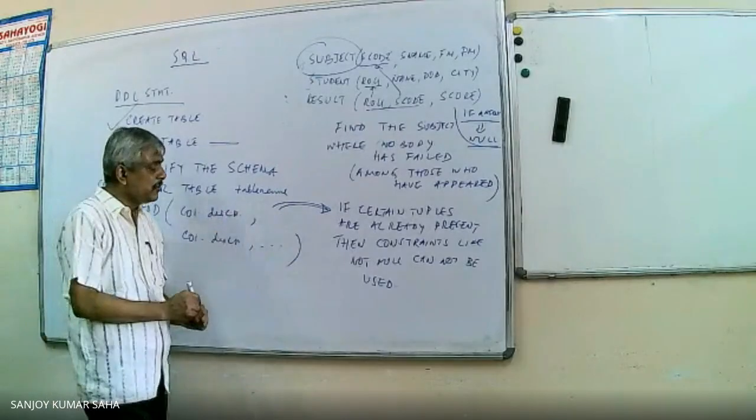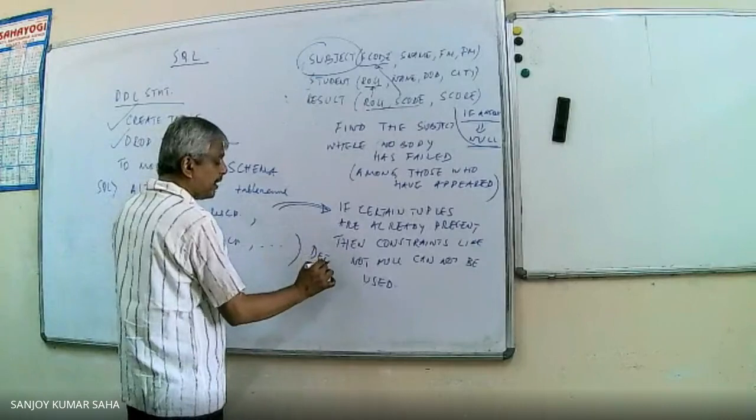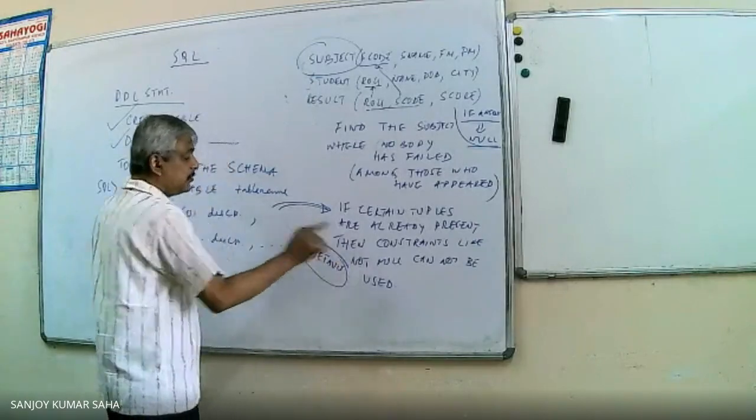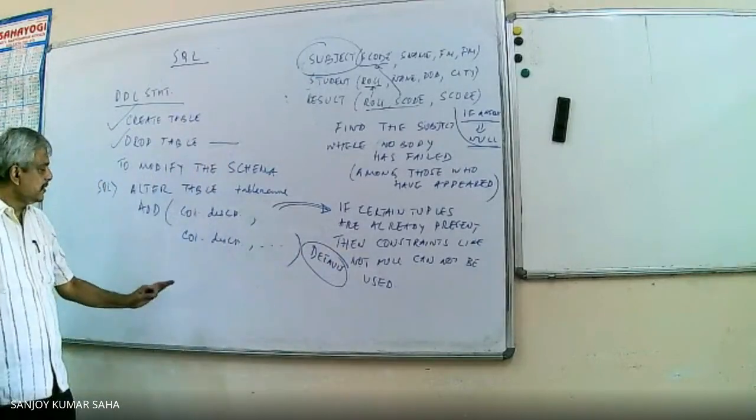If we set something default, then it's okay. Otherwise, we cannot put the not null kind of constraints. Right?